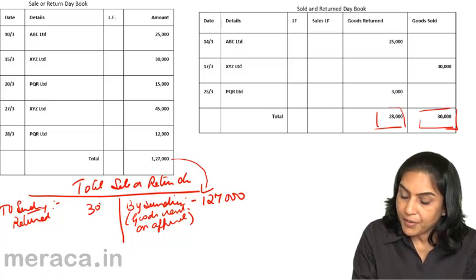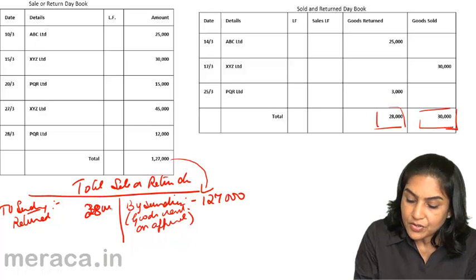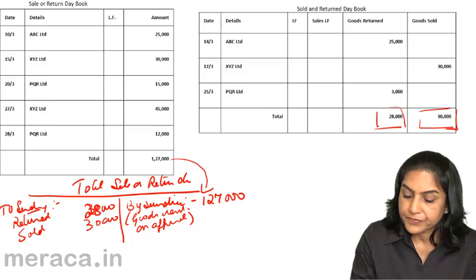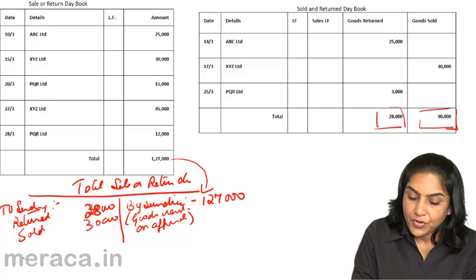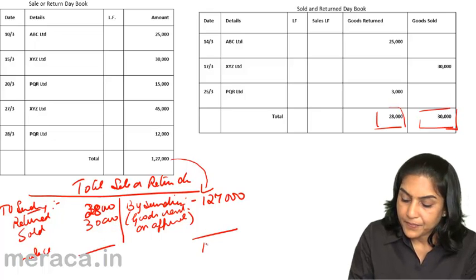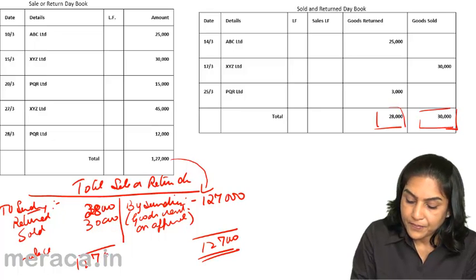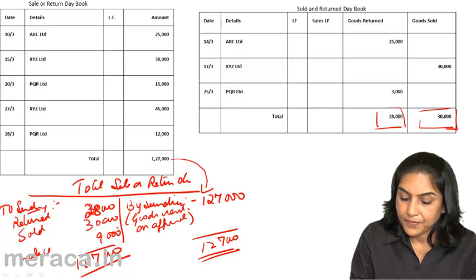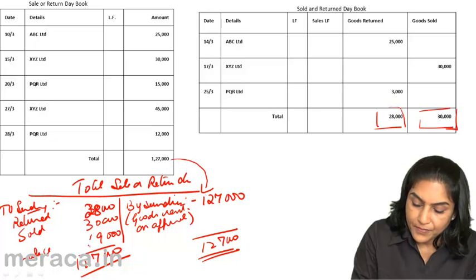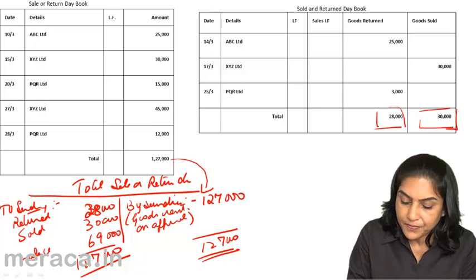Goods returned amounting to 28,000 and goods sold amounting to 30,000. Therefore, there is a balance of 69,000.